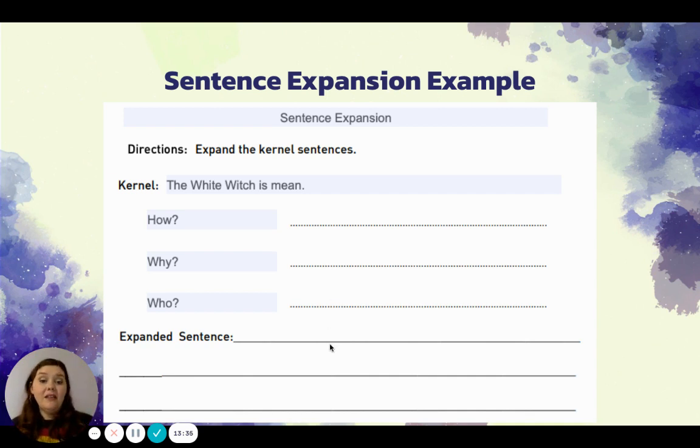Here, where we have the solid line, that's where we want to see their full expanded sentence where they're putting all of that together. So I took one of those templates from Writing Revolution website, added my information on there. I used the 3 questions that I wanted to do, question words that I wanted to use that were appropriate to this activity. I put it together, and this is what I would give to my students.